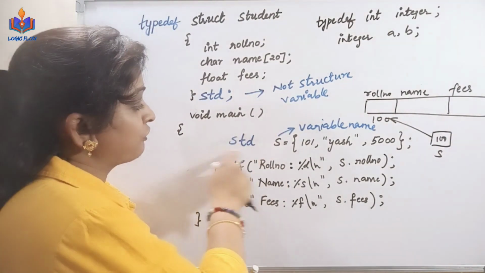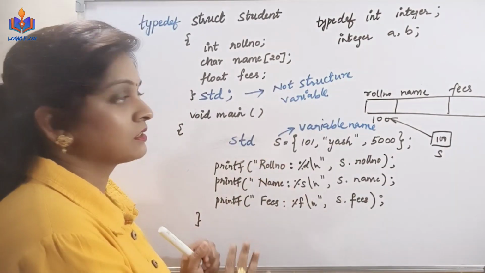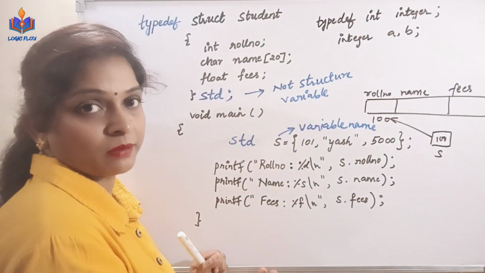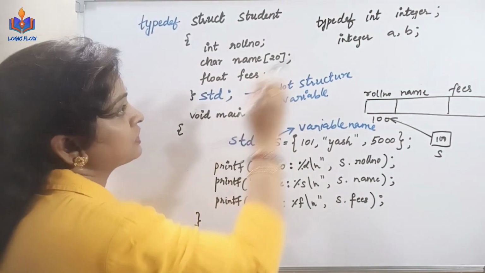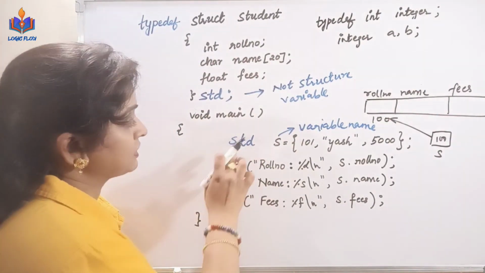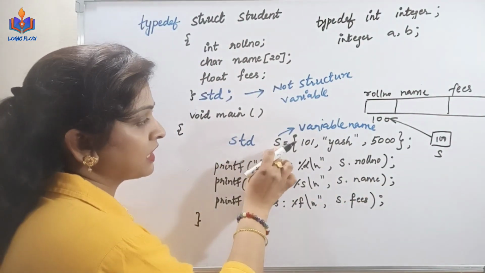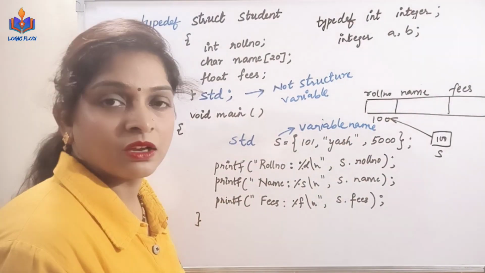But this typedef std cannot be used for some other program because it is only for this program. So this is how I use the typedef. You can just rename. A new name is given to the data type. So I just say std yes, and as usual here yes acts as the variable name and I use all the members with that variable name.